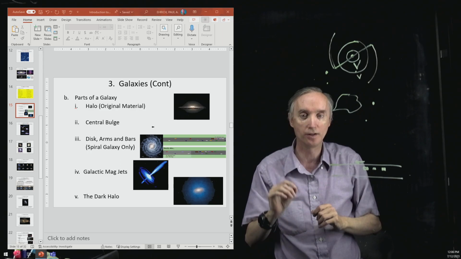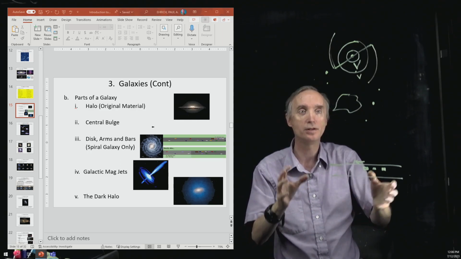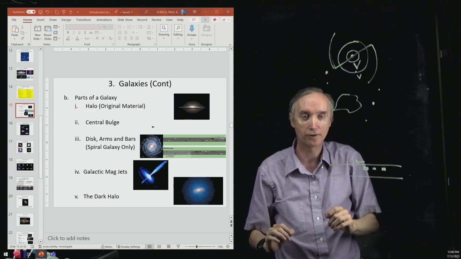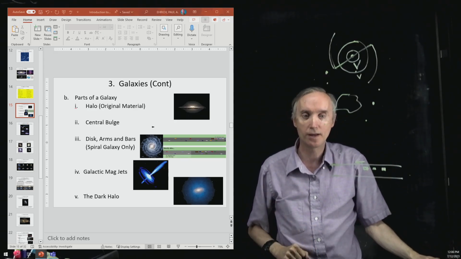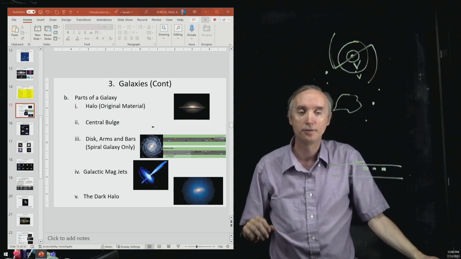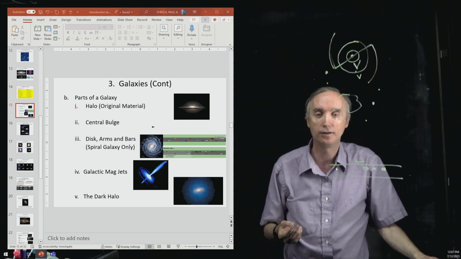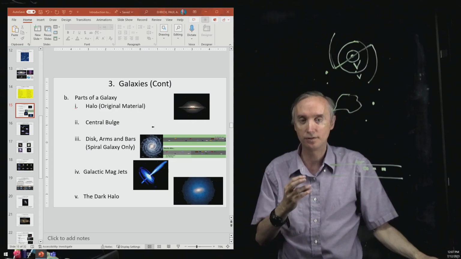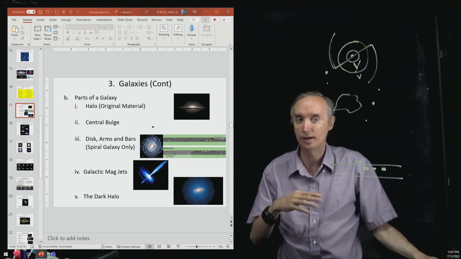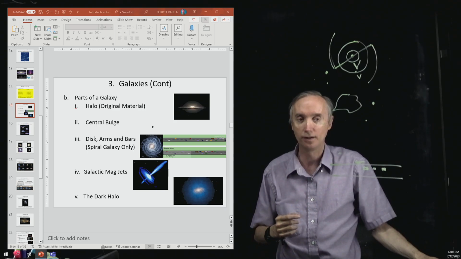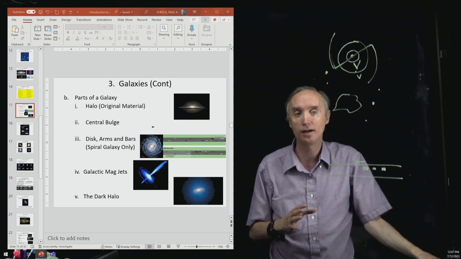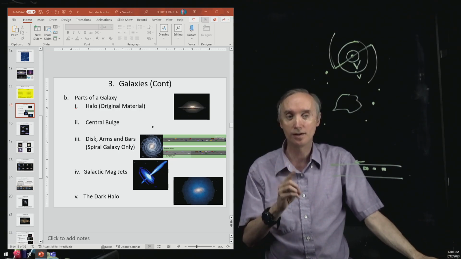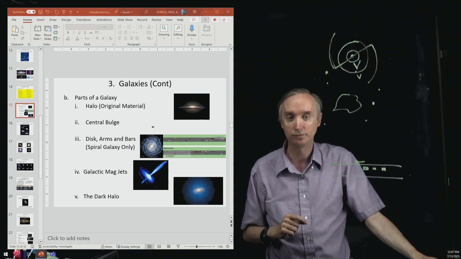So that's why we call it the dark halo, because this material out here is going to be composed of dark matter. Now we haven't discussed dark matter yet, so we'll get to it, but just to give you an idea, dark matter cannot be seen. So it doesn't interact with visible or X-ray or gamma ray light. It doesn't interact with any kind of electromagnetic radiation. However, it does interact with gravity.